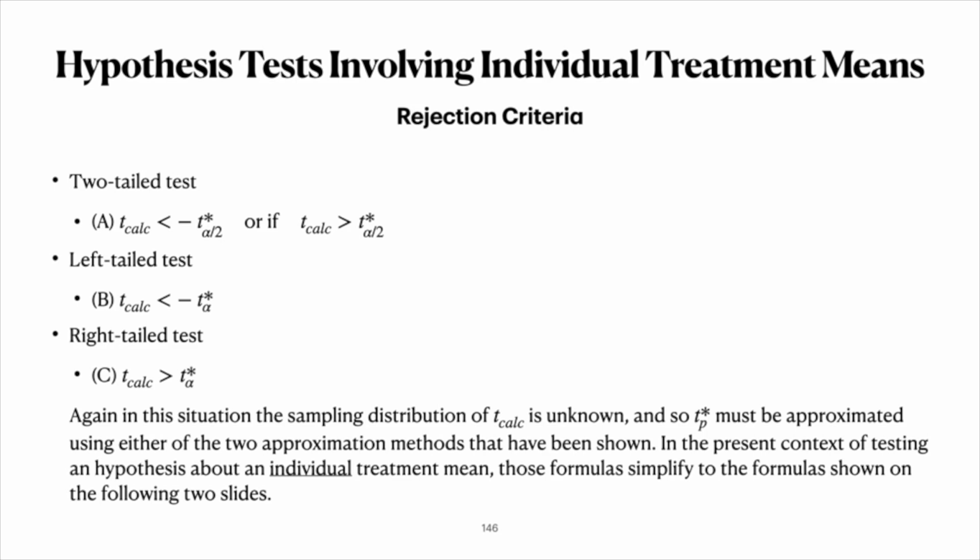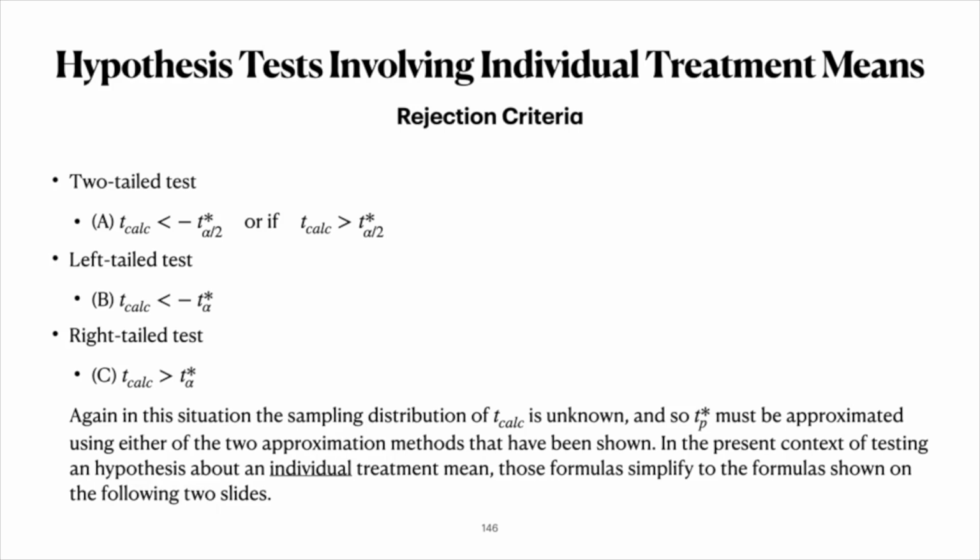Because of that, we don't know the exact degrees of freedom associated with that estimate, and therefore we don't know the exact sampling distribution. We don't know the exact t-distribution. And so in the present context of testing a hypothesis about an individual treatment mean, the formulas for approximating the t-value simplify a bit.